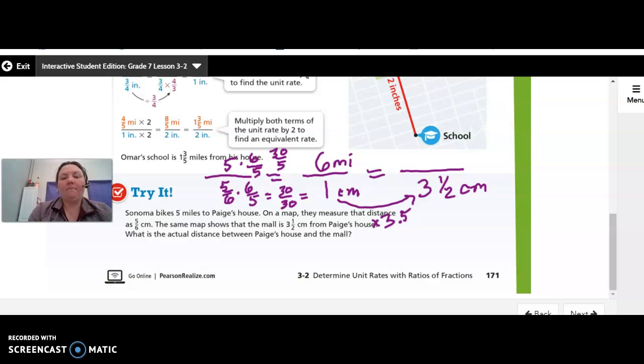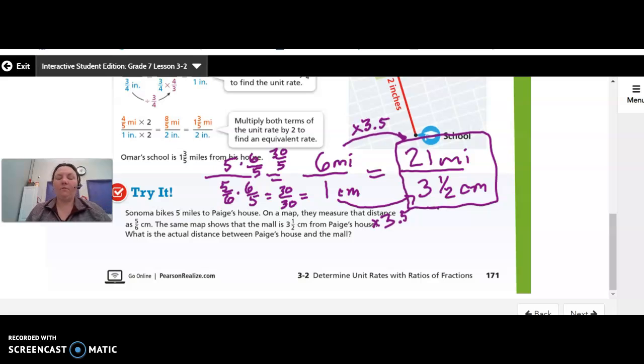Whatever I do in the bottom, I have to do to the top, just like we practiced with our in-class examples. 6 times 3.5 tells me that there are 21 miles if my distance on my map is 3.5 centimeters.